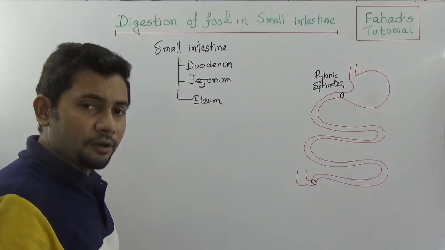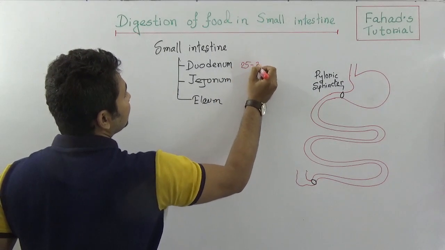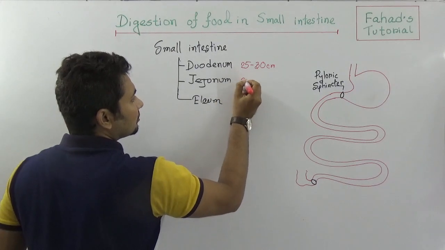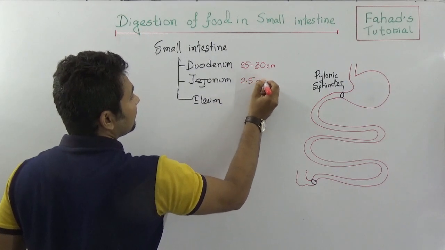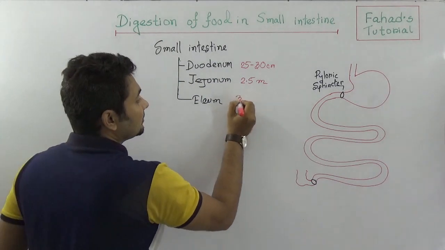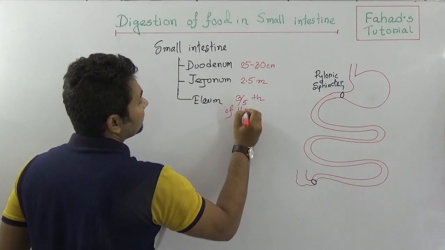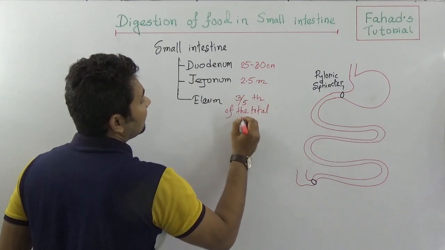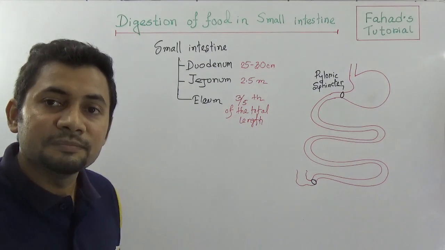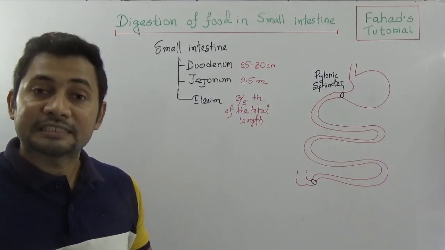The duodenum is 25 to 30 centimeters long. The jejunum is almost 2.5 meters long, and the ileum forms 3/5 of the total length of the intestine. So duodenum, jejunum and ileum form the small intestine.